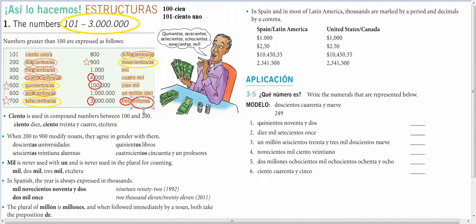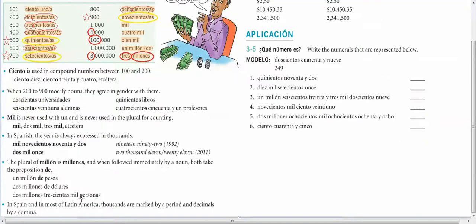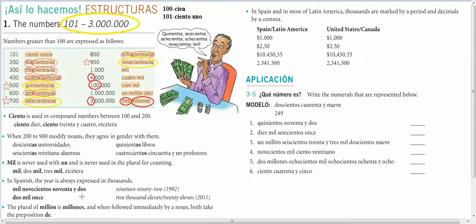So if it's 10 million, it's going to be 10 millones, 100 million, 100 millones, okay, and that's pretty much it. For forming the numbers, that's it, and then we'll talk about them in adjective form and so on and so forth.